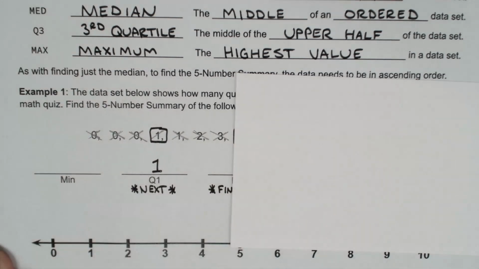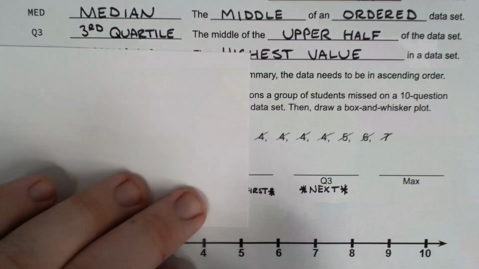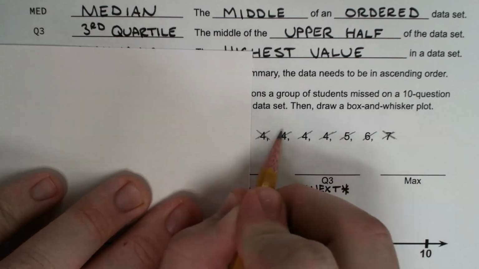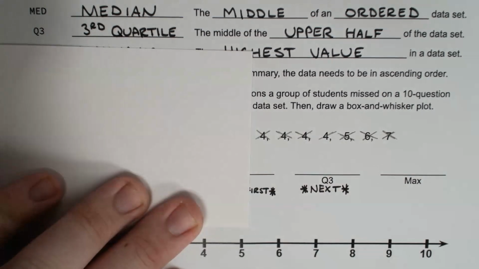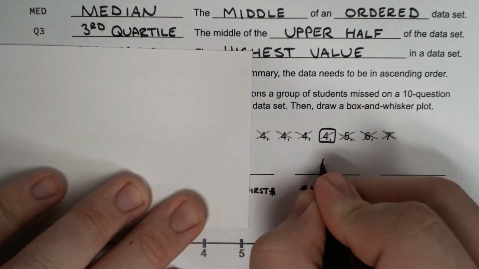So Q1 is 1. Sound okay so far? To find the third quartile, do the same thing with the upper half. Cross out the 4 and the 7, the 4 and the 6, the 4 and the 5. We get left with 4 is our third quartile.